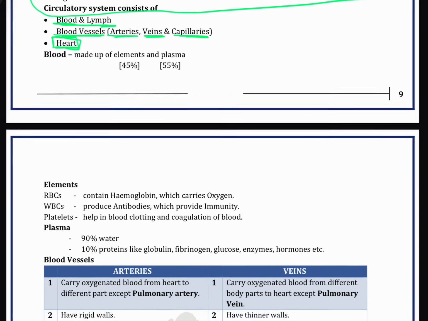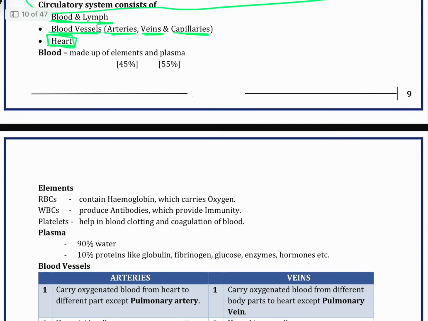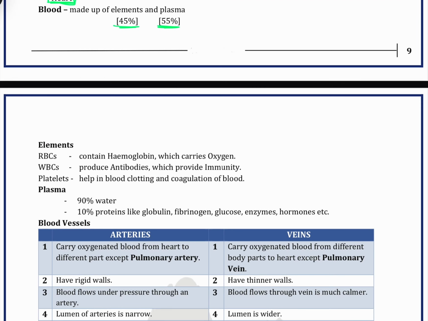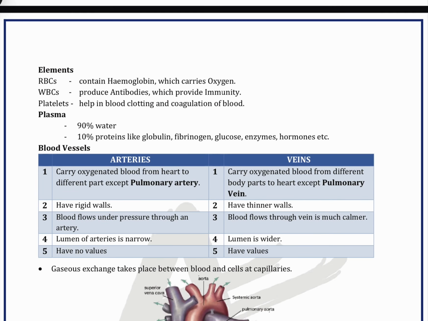Blood is made up of elements and plasma, 55% plasma and 45% other elements. The elements, which I already told, are RBCs, WBCs and platelets. RBCs contain hemoglobin which carries oxygen and other nutrients also.